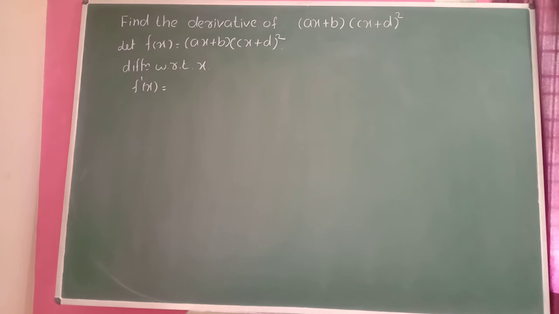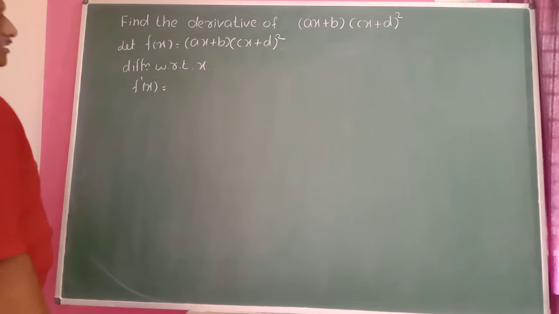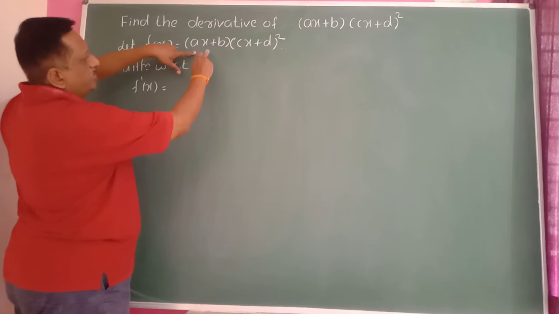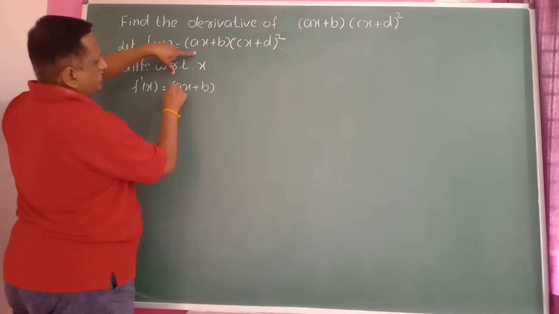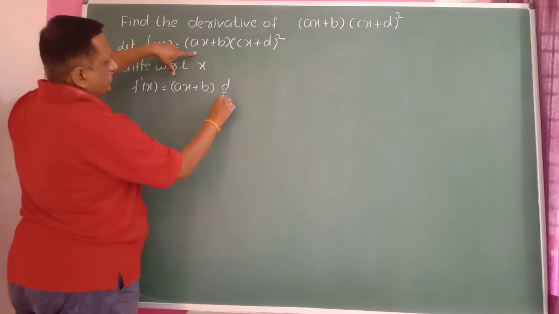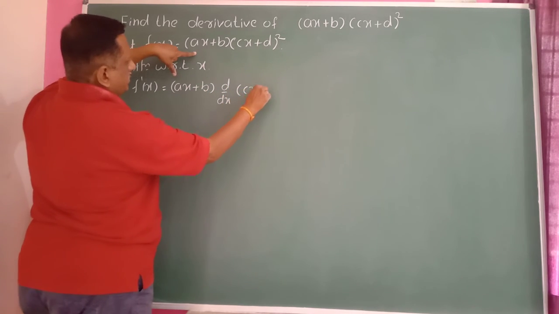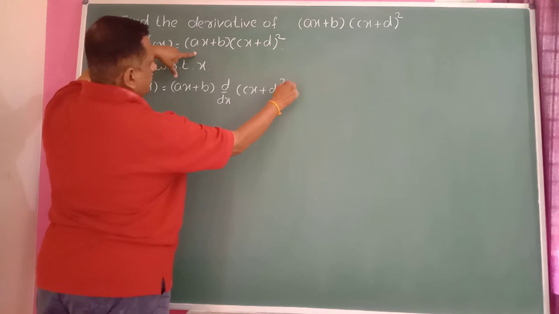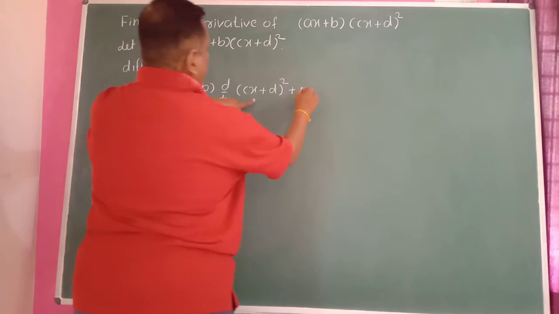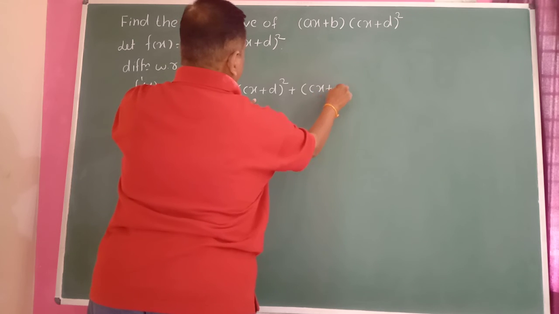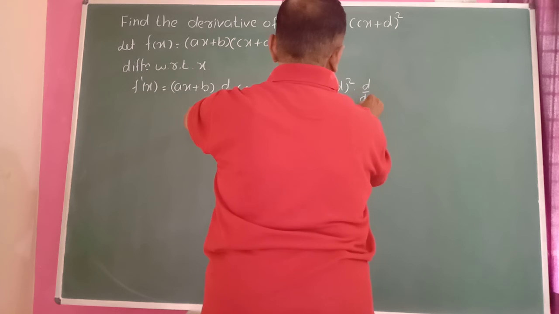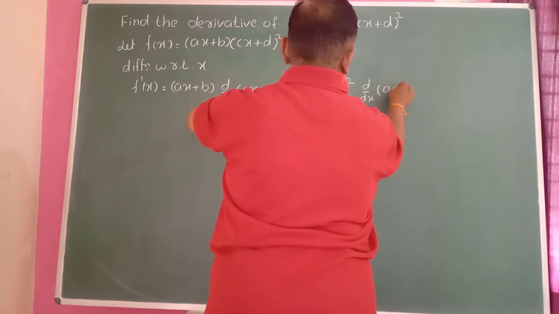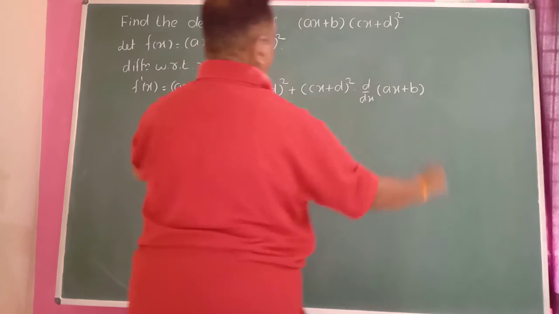So find the derivative of ax plus b into cx plus d whole square. Here use the product formula. First function ax plus b, right as it is. Then differentiation of the second function here, cx plus d whole square, then plus second function cx plus d whole square here into, then the differentiation of the first function here, that is ax plus b. Okay.